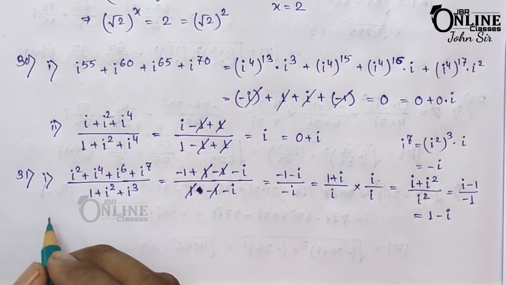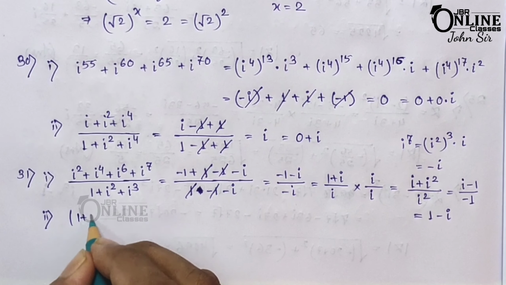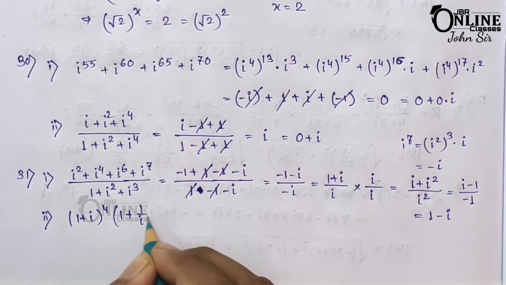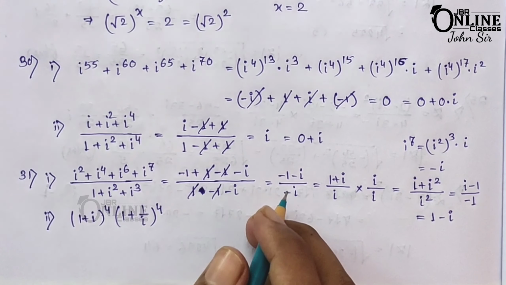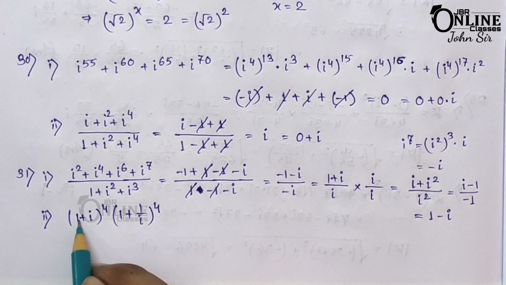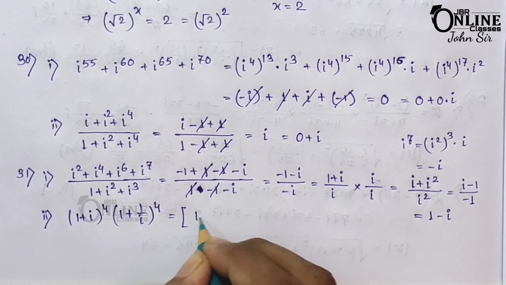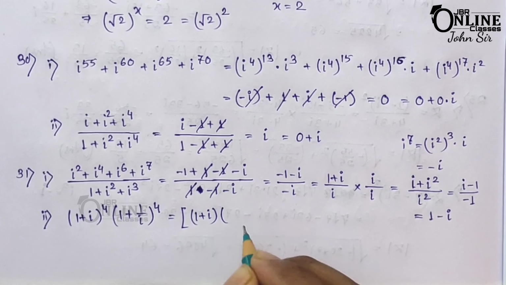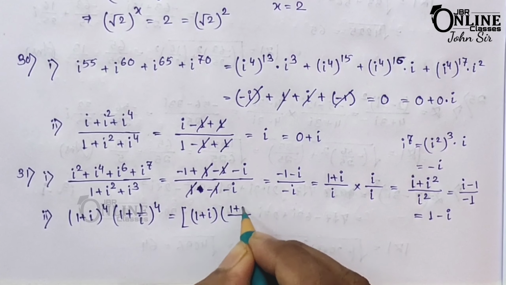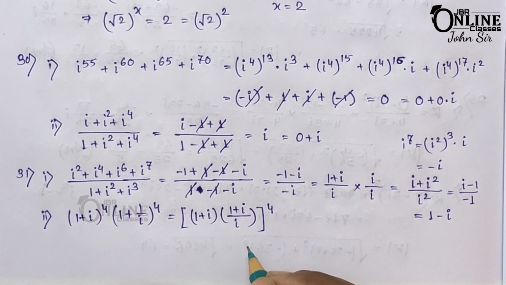Now the next one and the last one, number 2. 1 plus iota to the power 4, and here also 1 minus 1 by iota to the power 4. As you know that each one equals in multiply form, so you can write this way 1 plus iota into 1 plus iota, and if you add this one, then you will get 1 plus iota by i whole to the power 4.